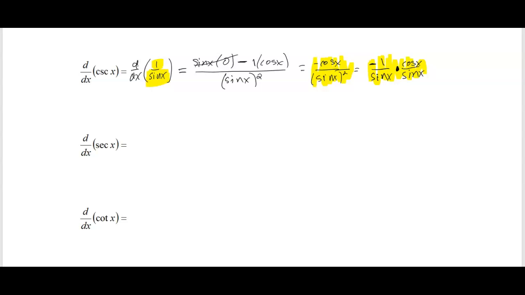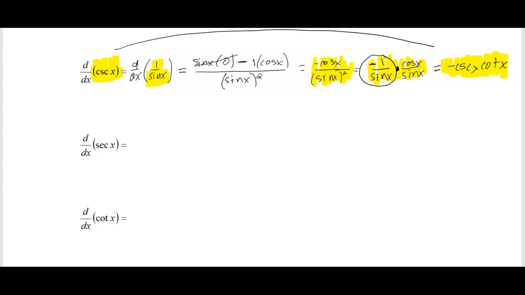Because then that's going to allow us to write this in the way that we want to recognize the derivative of cosecant. This here is a negative cosecant. And then cosine over sine is cotangent. So the derivative of cosecant that you want to get memorized is a negative cosecant x times the cotangent of x. That's what we need to get memorized.